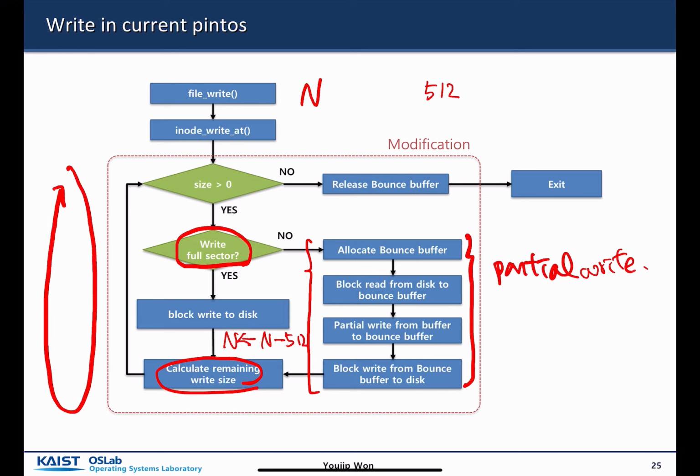Actually, partial write takes more time than a blind write. The blind write means they write a full sector, so you don't have to read the disk block from the disk. When you write an entire sector, you can just write it to the disk.